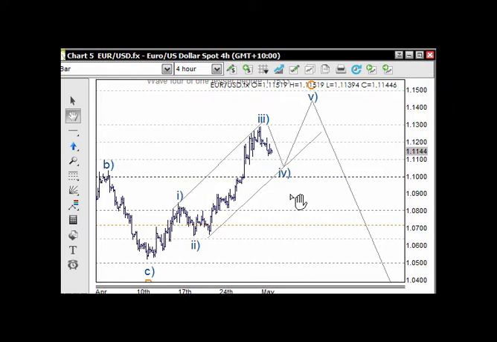But I think our best bet in a lot of these instances is to understand that if wave 2 is simple and sharp, which it is, then the alternative in nature will be complicated. So we can expect a complicated wave 4 here.